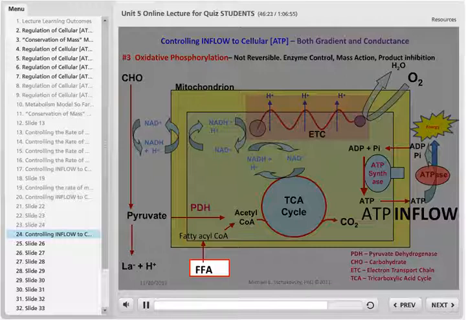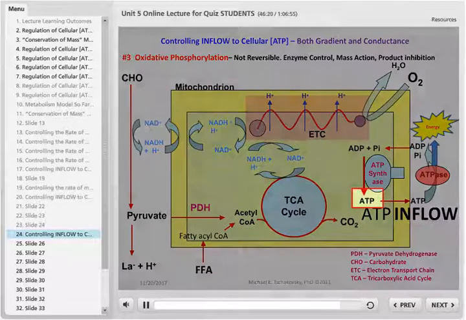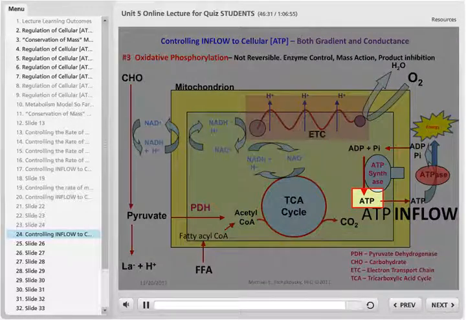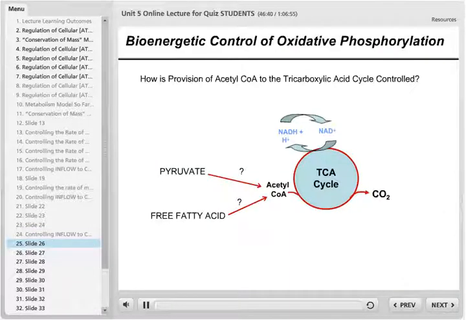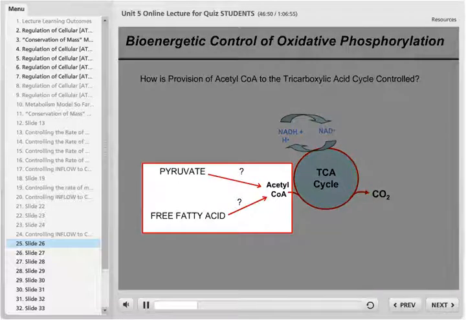Free fatty acids also can enter the mitochondria, and therefore the energy in free fatty acids ends up in this ATP bond. So how is this all controlled? The first thing we're going to talk about is how pyruvate and free fatty acid both become acetyl-CoA.